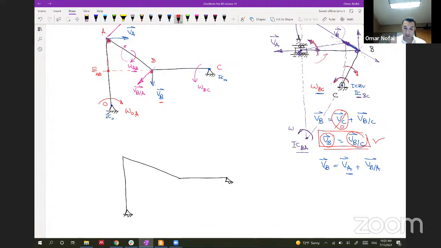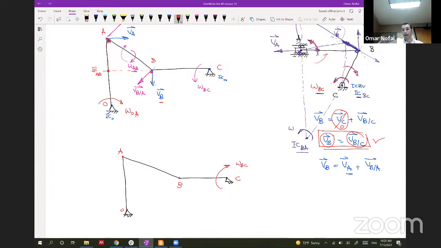And let's put here O, A, B. Let's make B down because we will have a lot of C. And let's say you are given in the problem that the omega of BC is in this direction.